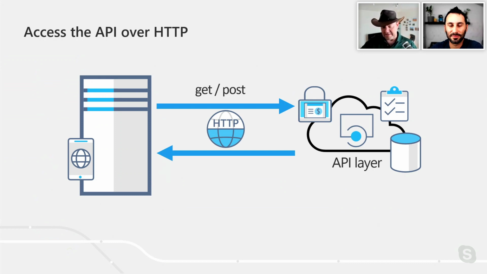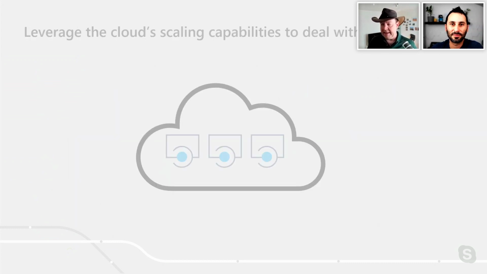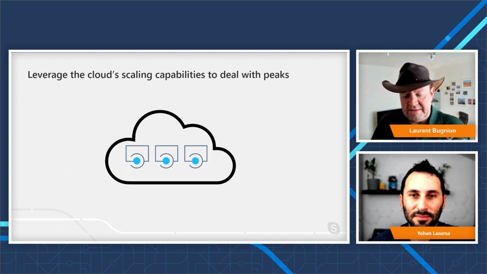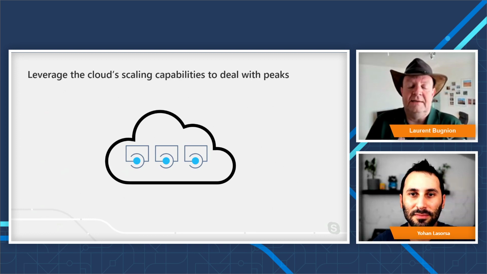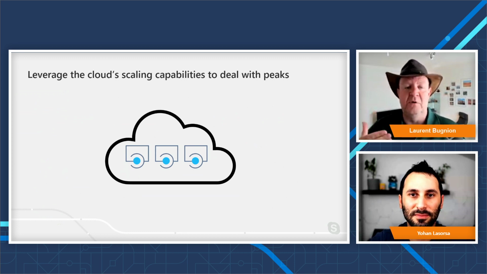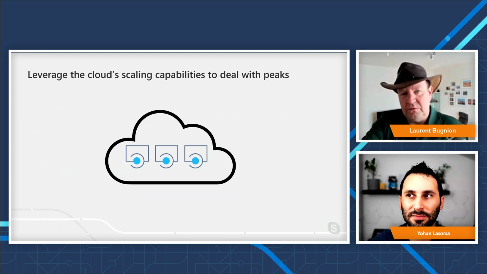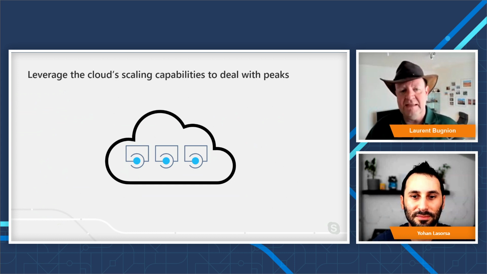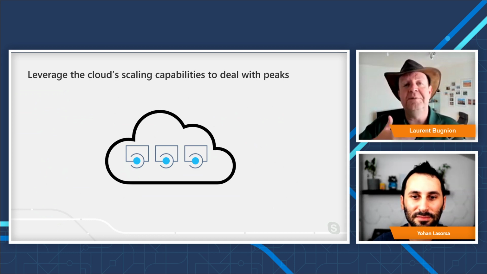All right. So this is what the point of those sessions is: moving things to the cloud and building this API. And one thing which is really important and really handy with the cloud is that you don't have to worry about those peaks anymore because, first of all, the cloud is able to absorb the demand. We are going to scale up, and we'll see later what it means: scale up, scale out, etc. But also, we are going to optimize the spending because you're paying for what you use.